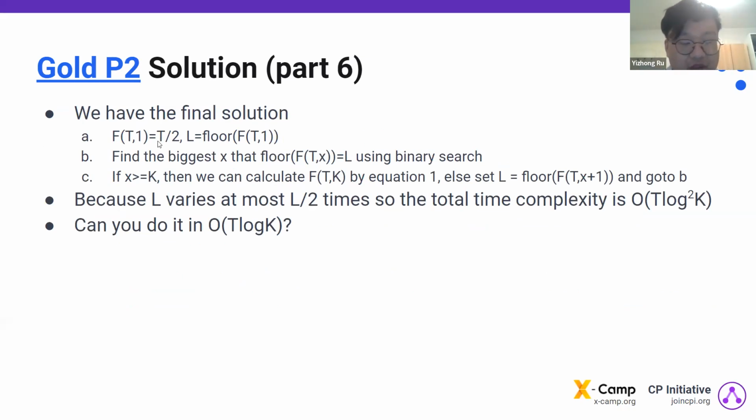First, we can know that FT1 equals T divided by 2, and we let L be the floor of this value. Then we try to find the biggest X such that floor FTX equals L using binary search.